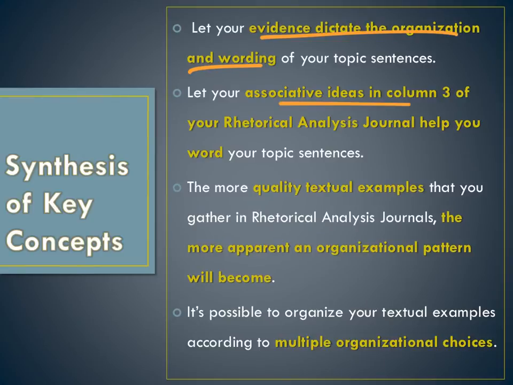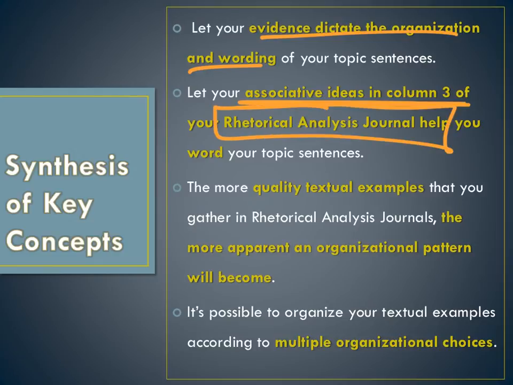Also, those ideas that you record in column 3 of your rhetorical analysis journal, you really should be letting those ideas help word your main sentences. So that's why that journal is very important. You don't want to approach it haphazardly or apathetically.